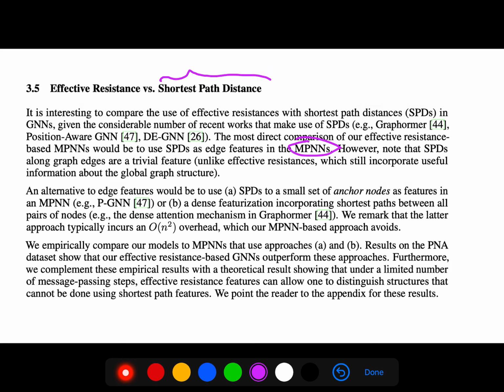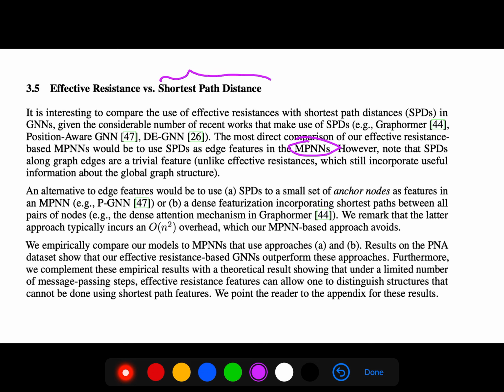However, note that SPDs along graph edges are a trivial feature, unlike effective resistance, which does incorporate useful information. So they are a trivial feature. It means that we infer that the author wants to say that effective resistance has a more important effect, and it has a better representation of the topology of the graph in comparison to shortest paths.